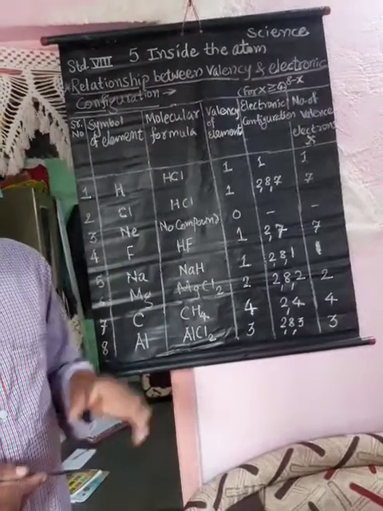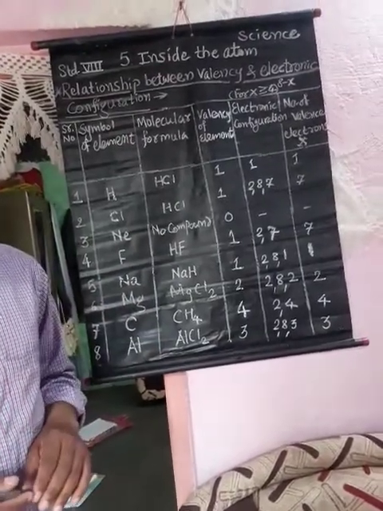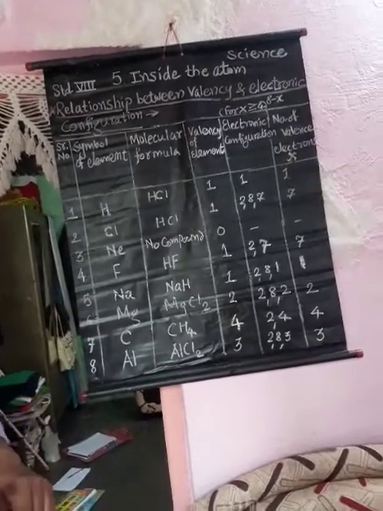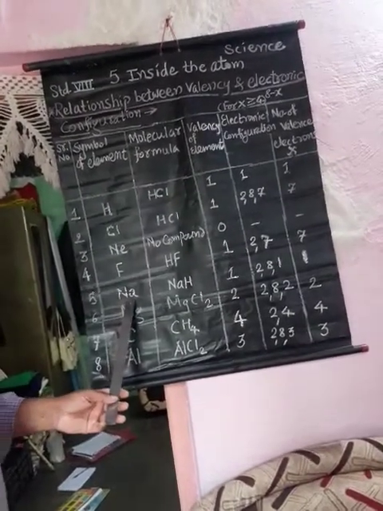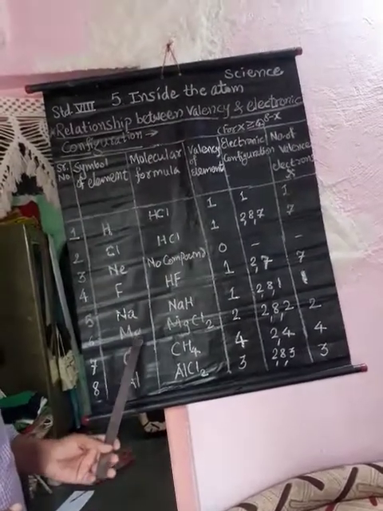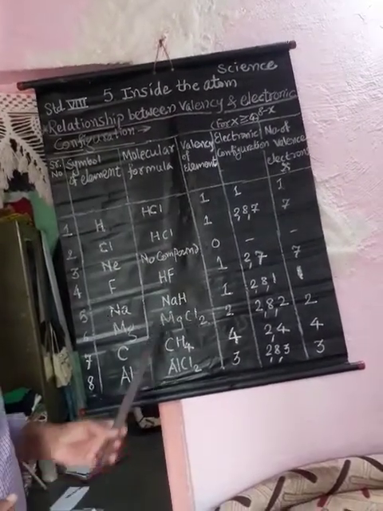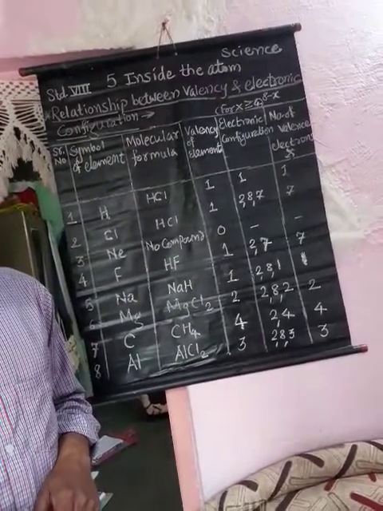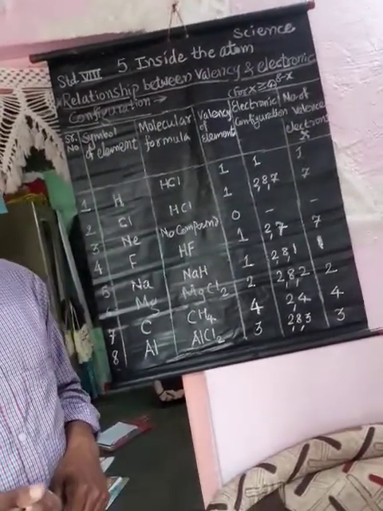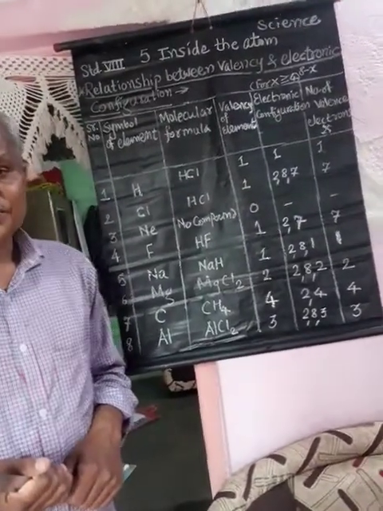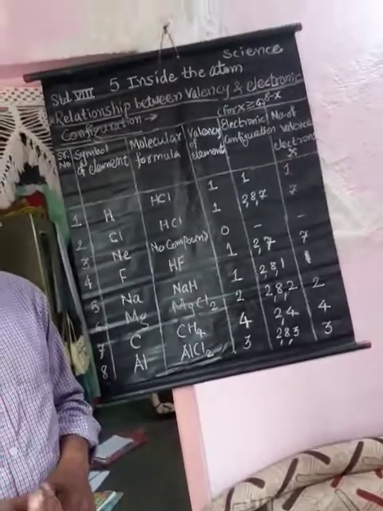Today we'll stop here. I will give some homework questions to you. Write the electronic configuration of chlorine, sodium, magnesium and aluminium. Question number 2: What are the uses of radioisotopes? Question number 3: Define isotopes.